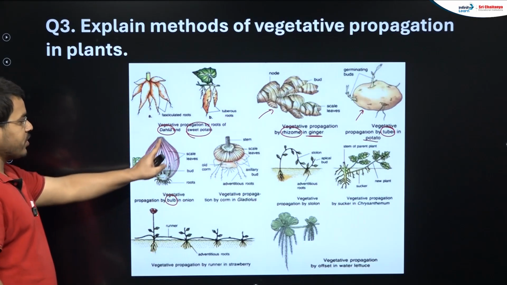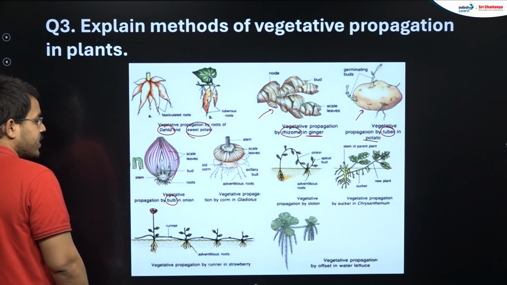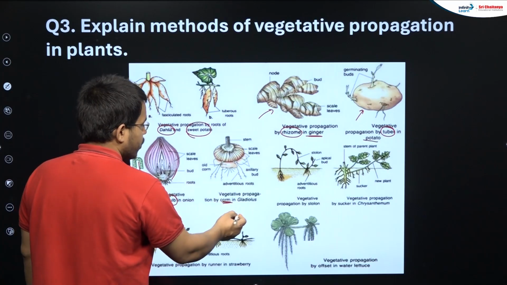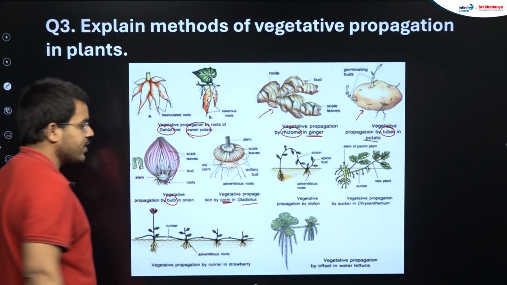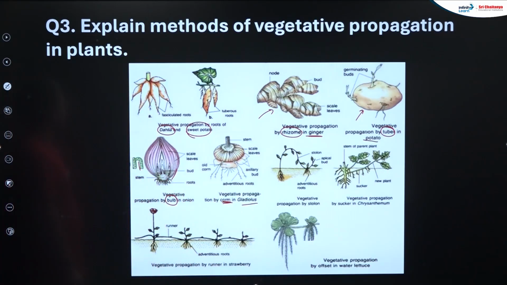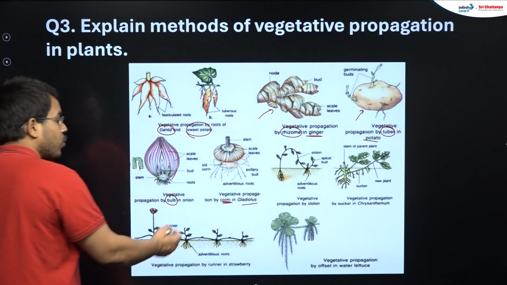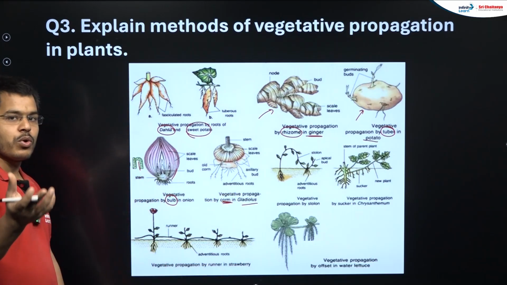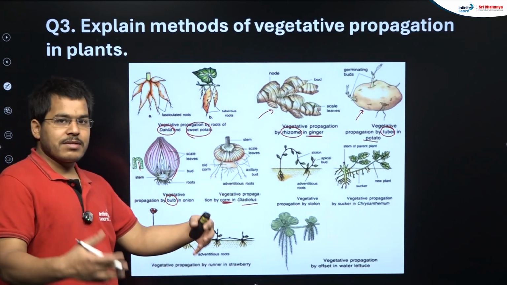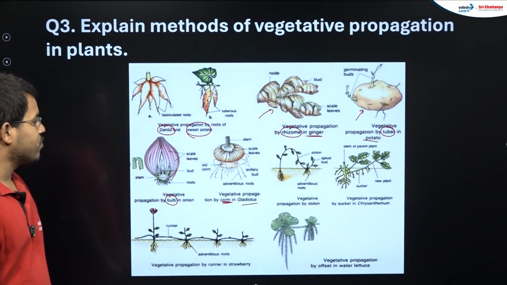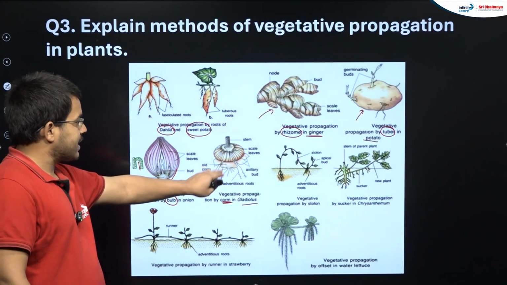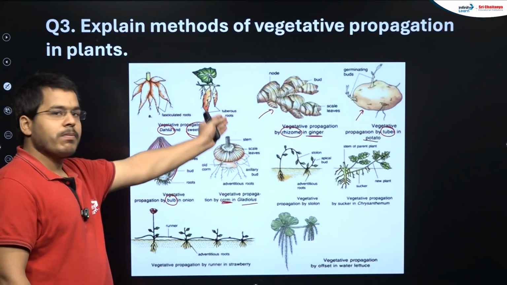This is the bulb structure through which a new plant is arising. Then we have the corm structure in colocasia and gladiolus. We call colocasia arvi also, that is a vegetable that we usually eat. That is a kind of corm through which a new plant is arising.